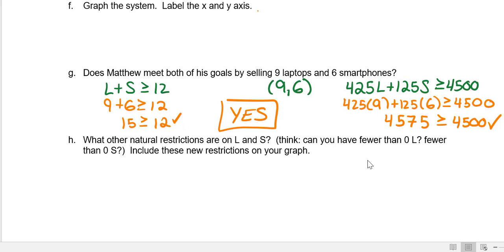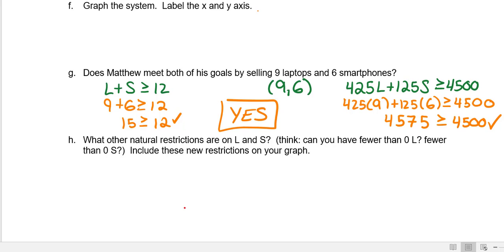Jumping back down to the last question, other natural restrictions that we can have on L and S. This is just, again, kind of getting us to think about the situation. And we know our graph goes on forever and ever. We draw arrows on the end of it. We have 4 quadrants that we look at on a graph.